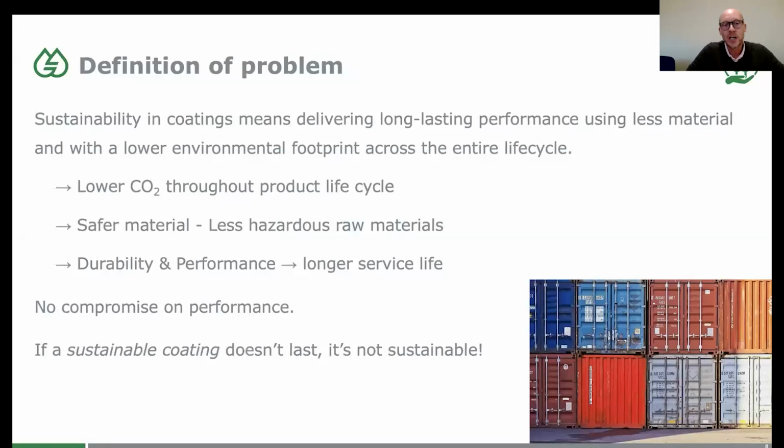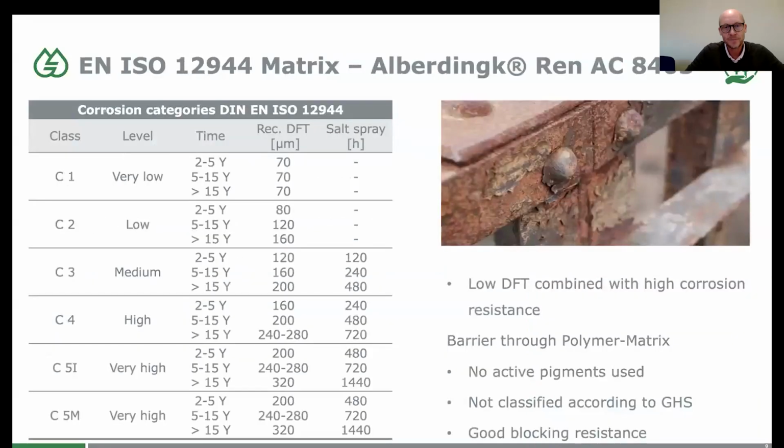So this is going to result in lower CO2, using safer or less hazardous raw materials without sacrificing durability or performance. And for us, if a sustainable coating doesn't last, we believe it's not sustainable. We want to address these issues with the product REN AC 8403, which Markus will go into more detail now. So if I can hand over to you, Markus, for the technical part.